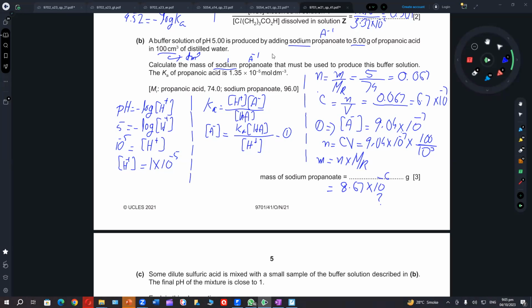Some mistake is somehow coming. You have to check the calculation. H plus concentration is fine looking. The A minus equation is there, then MR. Number of moles is also fine. Now look at the concentration step. 6.7, 10 power -7. Check this calculation again.